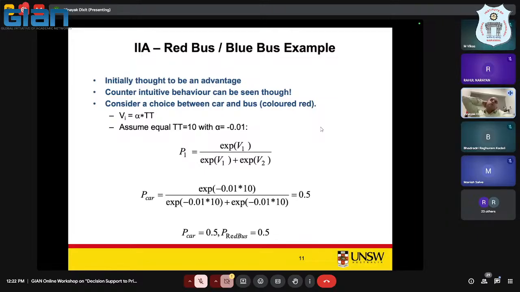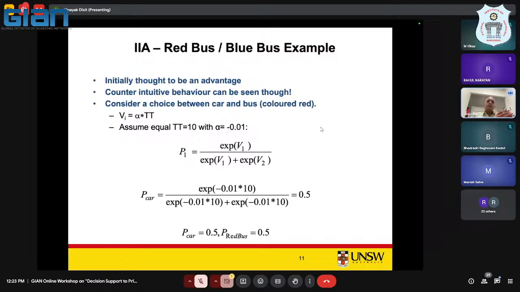Okay. So then one of the, let's say, senior executives comes in and says, look, I really think that people care about colors, and the more colorful the buses, the more it will increase the share of the people taking public transport.